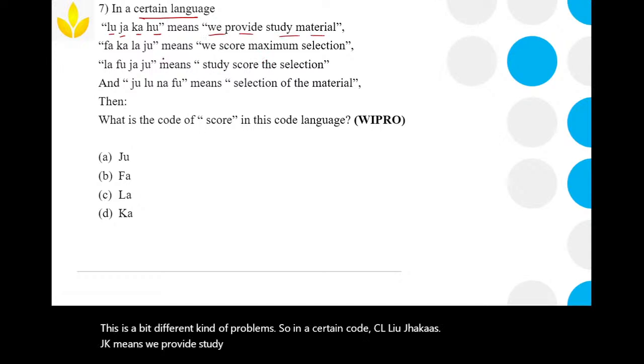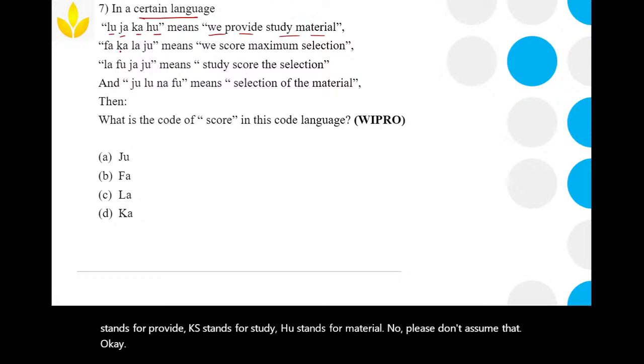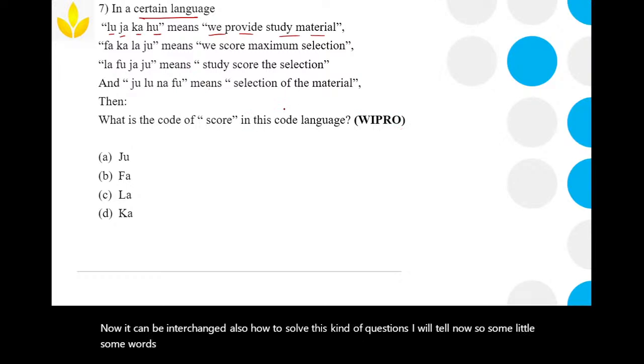That doesn't mean that LU stands for we, JA stands for provide, KA stands for study, HU stands for material. No, please don't assume that. Now it can be interchanged also. How to solve this kind of question? I'll tell you now. Some words are standing for these particular words.